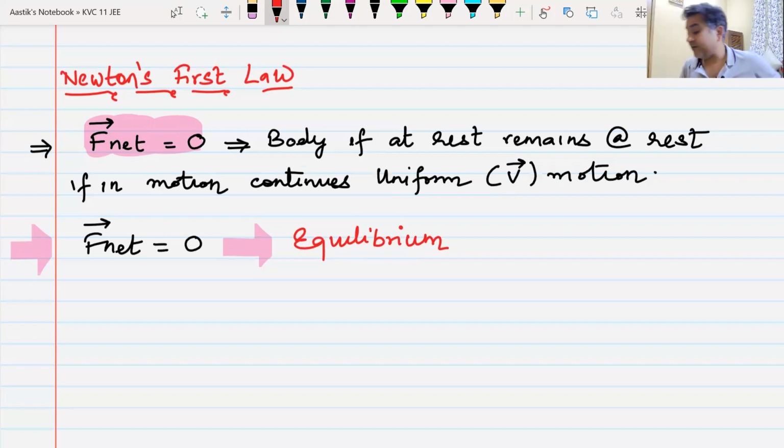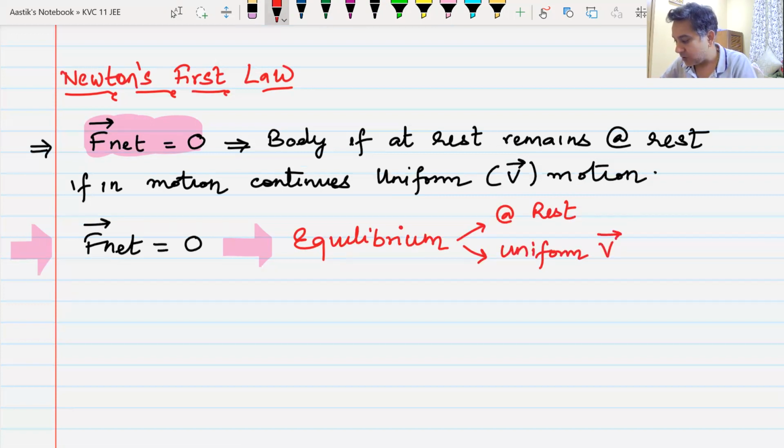So by equilibrium, what do we mean? We mean that either the body is at rest or the body is moving with uniform velocity. In physics, a body at rest and a body moving with uniform velocity, there is no difference between them.